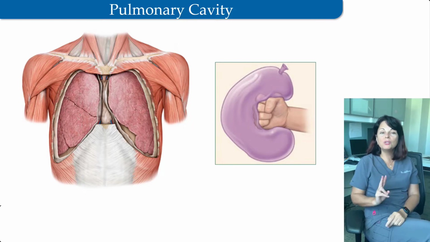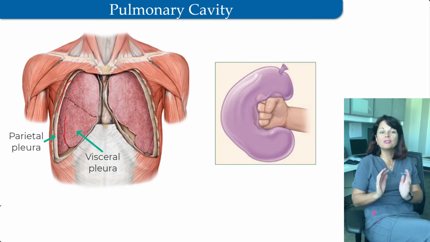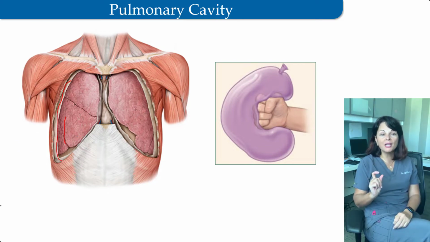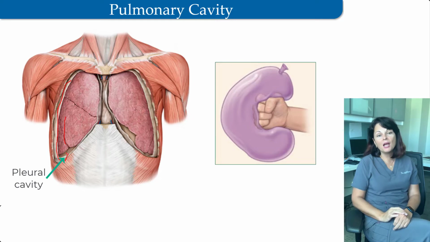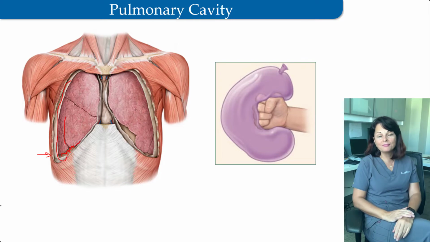So we have two layers of pleura lining each pleural cavity: the parietal on the thoracic wall and the visceral on the surface of the lung. The tiny space between these two layers is the pleural cavity, which is normally filled with a fine layer of serous fluid that moisturizes the inner surfaces and smoothens the respiratory movements.